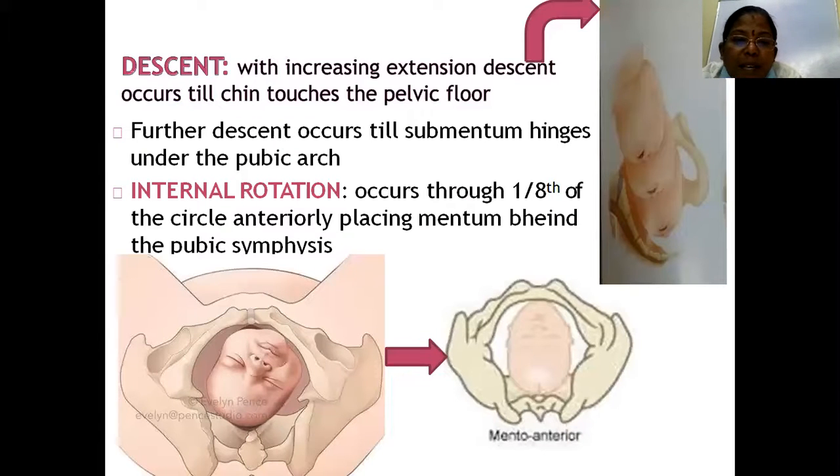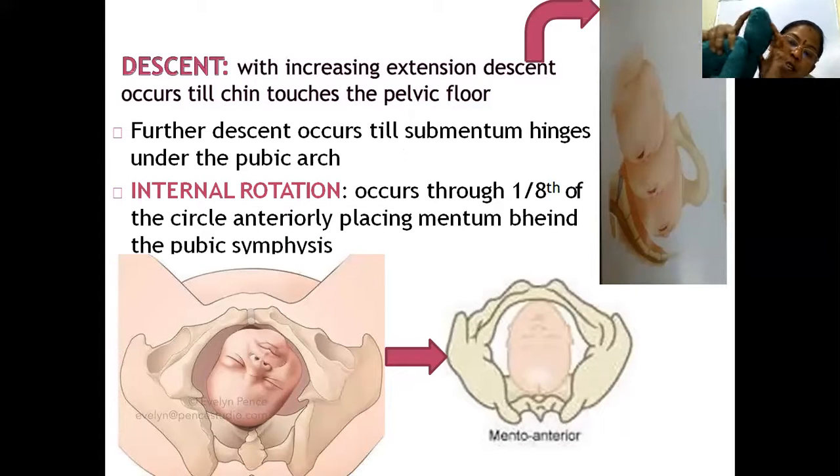Then there is a descent. I said descent is a continuous process through and through. With increasing extension, always there is increasing extension, just as we say that during occipito anterior position there is increasing flexion.